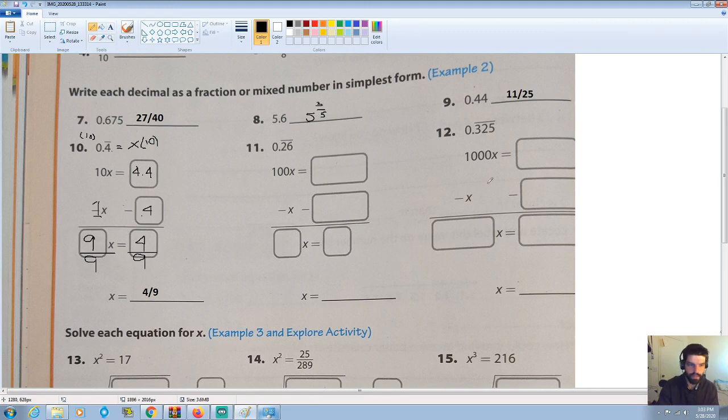We have 0.26 repeating. So in this case, we're going to, again, set this equal to a value x. And we're again taking an algebraic approach to it, but I promise you it's okay.